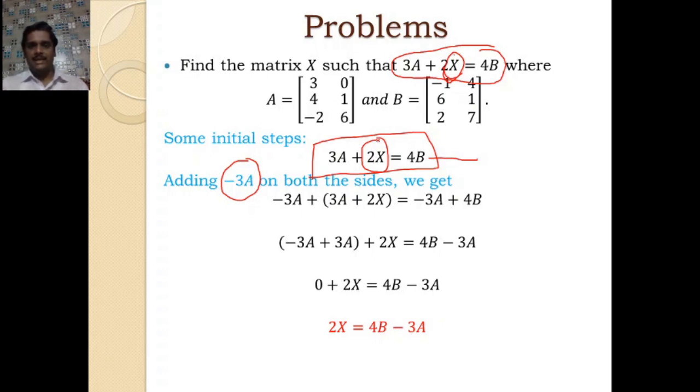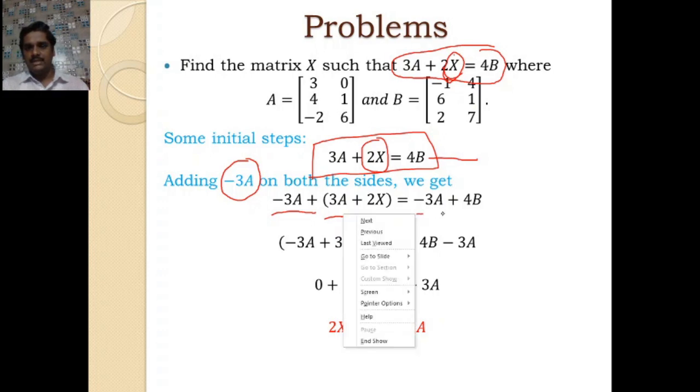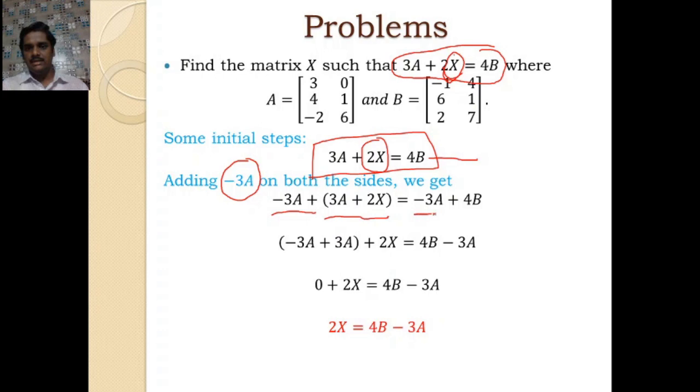If we add minus 3a on the left side, you get minus 3a plus, and there was this term already, so I have used a bracket for that. Equals to, again minus 3a you have to add on the right side as well. Both sides we have to add so that equality holds.